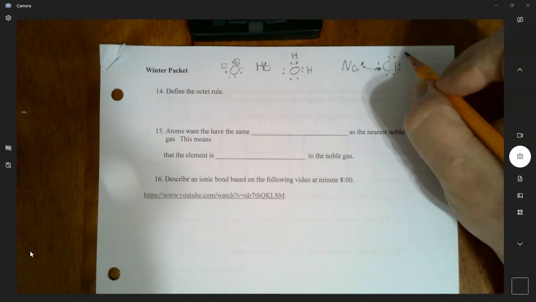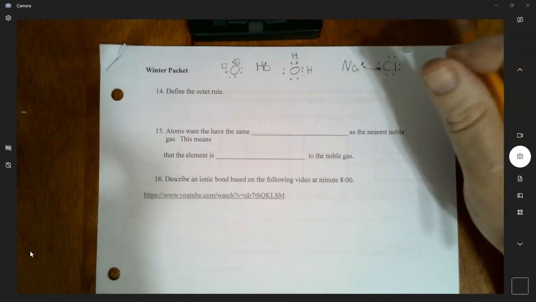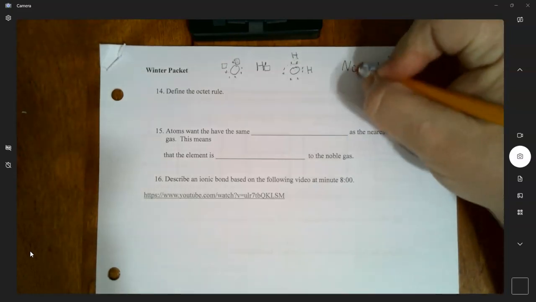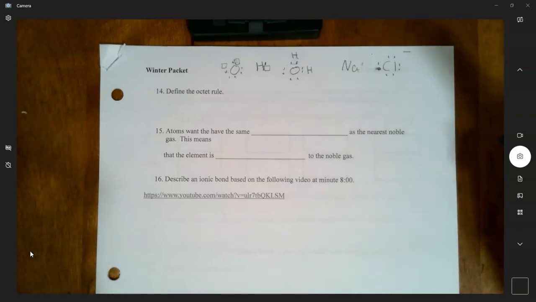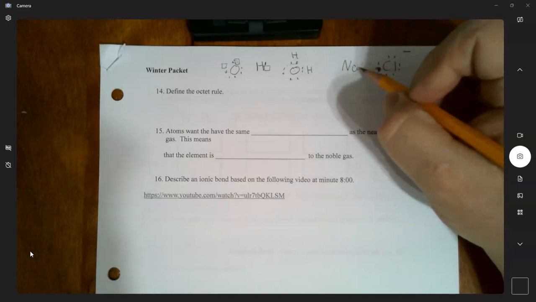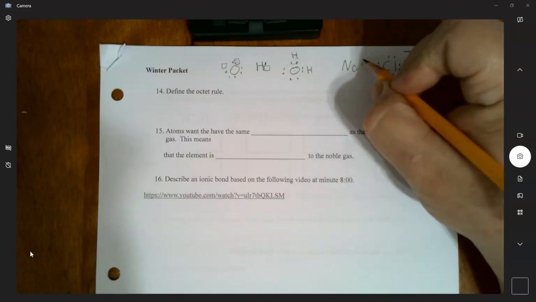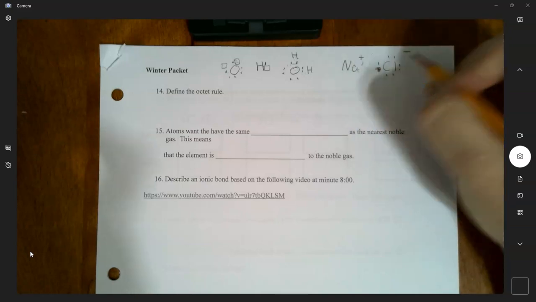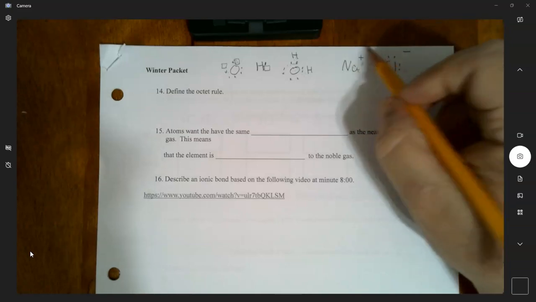Once it does that, the chlorine becomes a negative charge, and the sodium, and I'll just erase the electron now. So that electron jumped over here, and the sodium now has 1 less electron than protons, and so it's going to be a plus charge. And the plus and the minus attract each other.